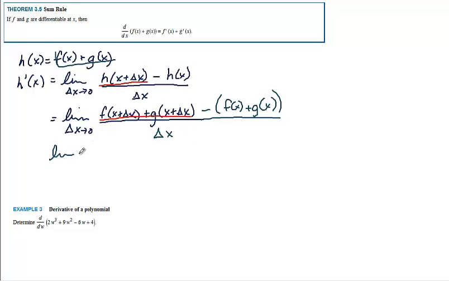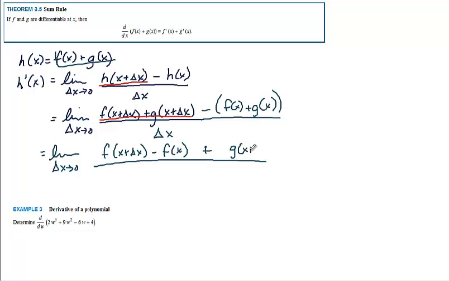Alright, I'm going to regroup a little bit. Equals limit as delta x goes to 0 of, I want the f's collected and the g's collected. f of x plus delta x minus f of x, and then plus g of x plus delta x minus g of x when I distributed that minus sign, all over delta x. I'm going to do something here that I call bust a fraction.